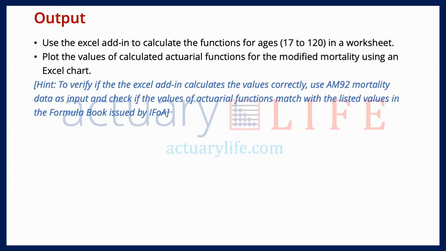Suppose you have worked on 4 different functions, say EPV of assurance, the EPV of term assurance, then the annuity due and annuity arrear, or a whole life annuity due and, say, a temporary due annuity. These 4 functions you need to calculate using the add-in from age 17 to 120, and then plot them in 4 different graphs, or one single graph with 4 line charts. Anything is acceptable here. And so this is the output required.